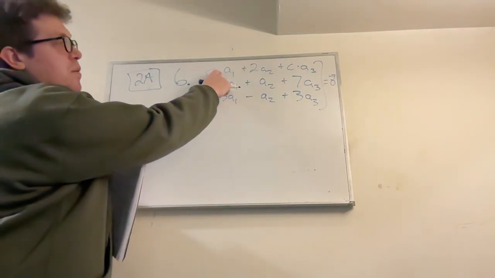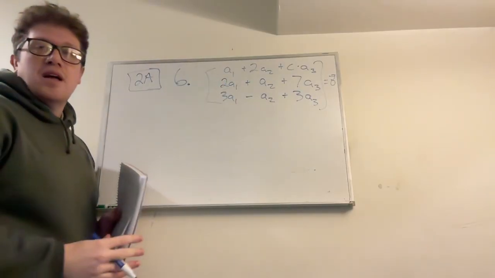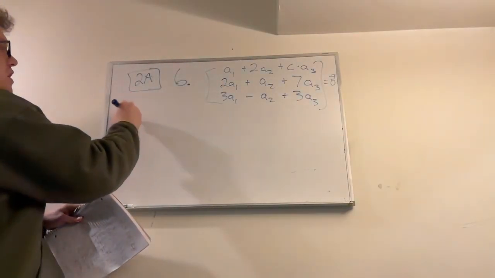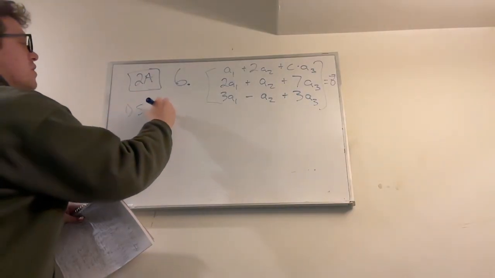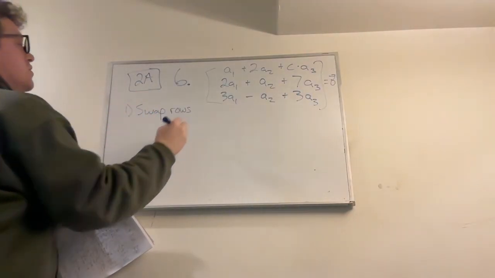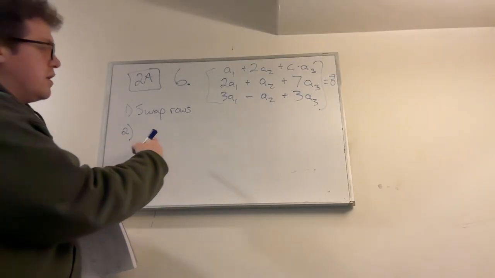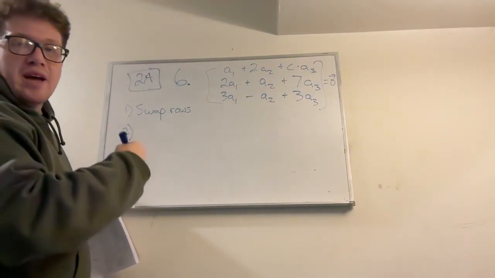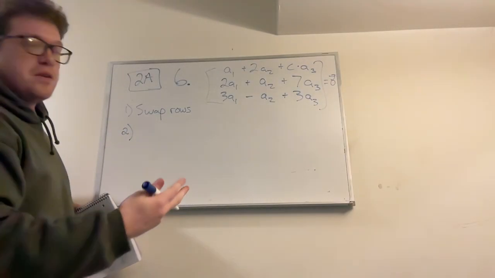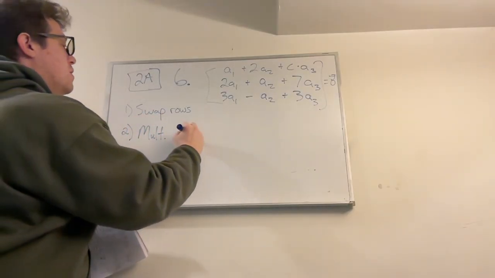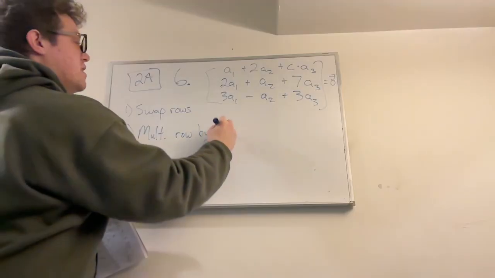So now I have an A1 here, and there are really three rules that I'm allowed to use. Let's write them down. So we can swap rows or change the order of rows. We can multiply a row by a constant lambda, one of the scalars in the field.